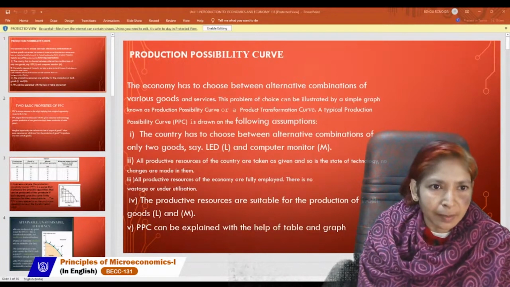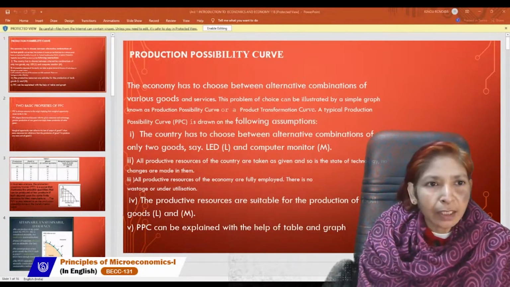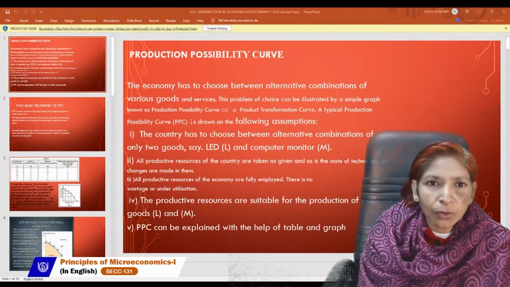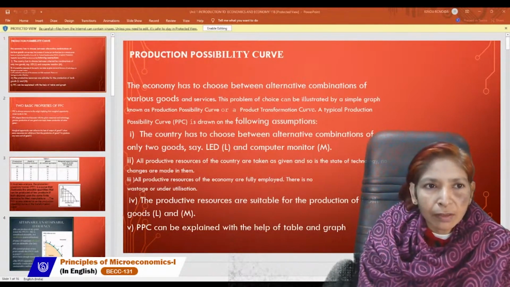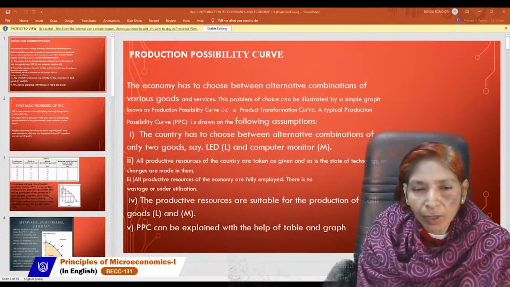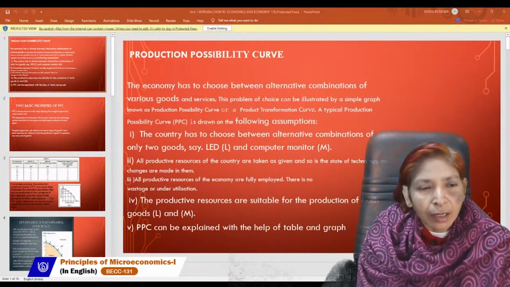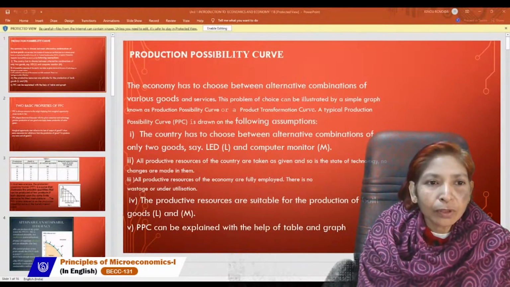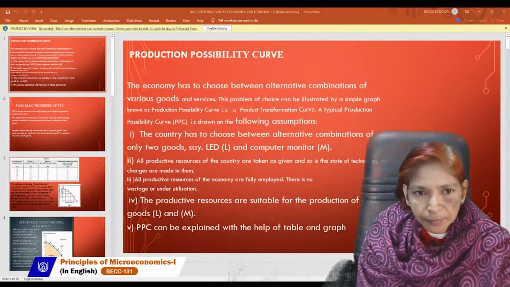For example, in the beginning, when cloth production is 0, wheat production will be 15. If we increase one more unit of cloth, then wheat production will fall by 1 unit: 15 minus 1 is 14. If we increase the production of cloth from 1 to 2, then wheat production will fall from 14 to 12.